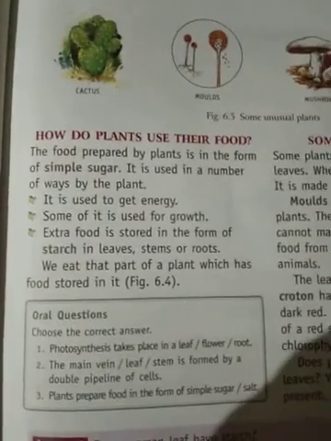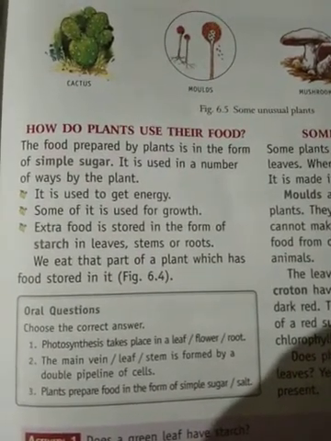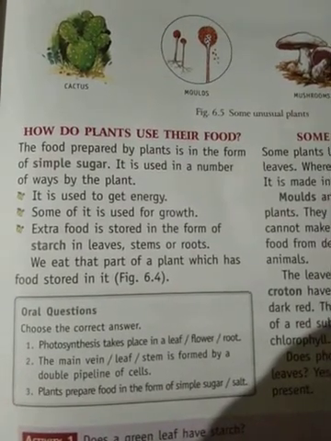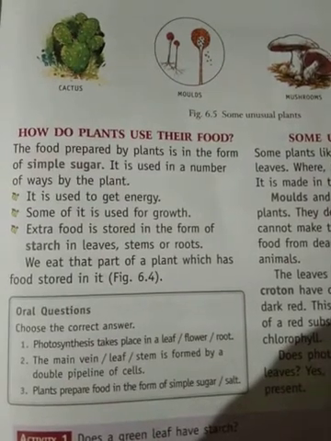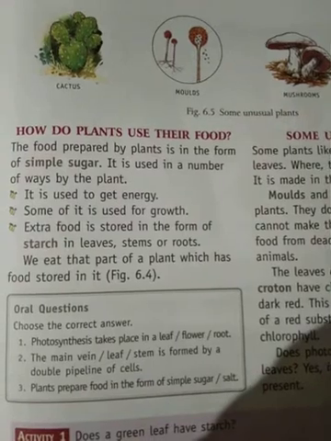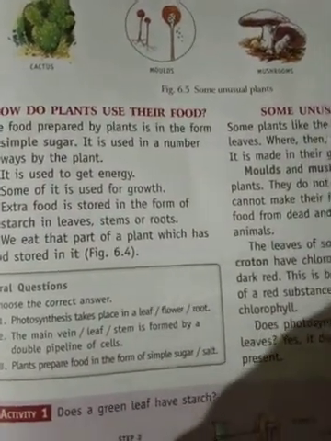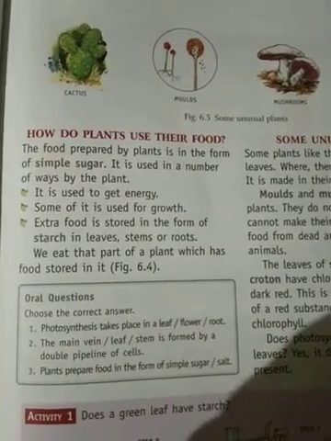The food prepared by plants is in the form of simple sugar. The food prepared in the leaf is in a simple form of sugar. It is not exactly in a starch form. Okay, do you understand? It is in the simple form called glucose.